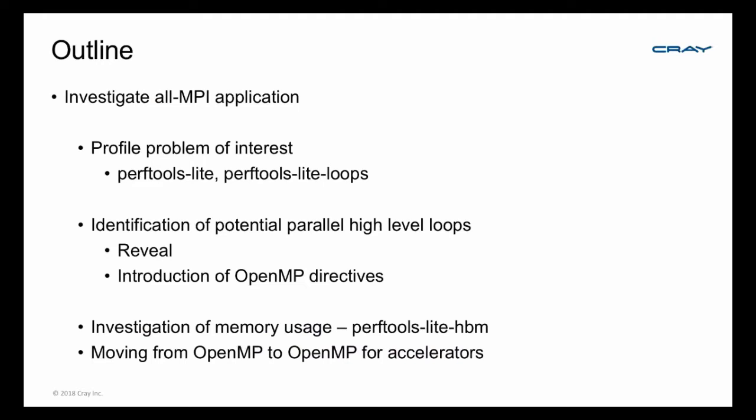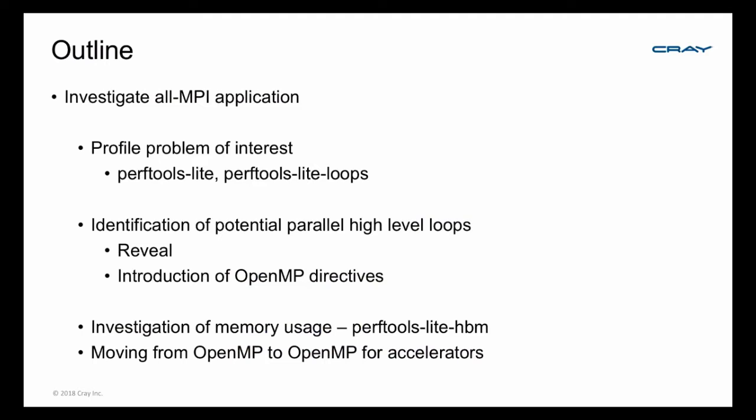Now, Cray has some very good profiling tools. The two that we're going to be using initially here are Perftools-lite and Perftools-lite-loops. Those tools are going to allow us to identify potential high-level loops to parallelize.